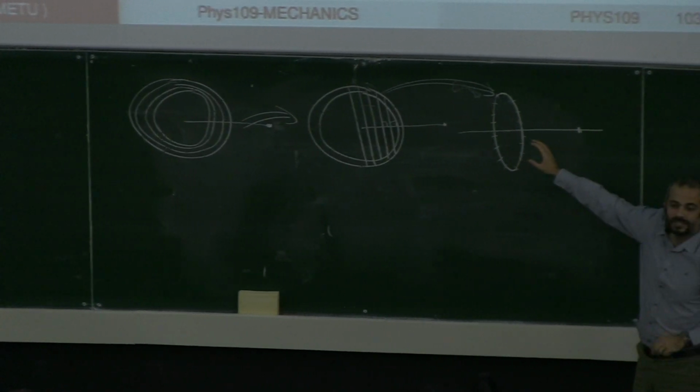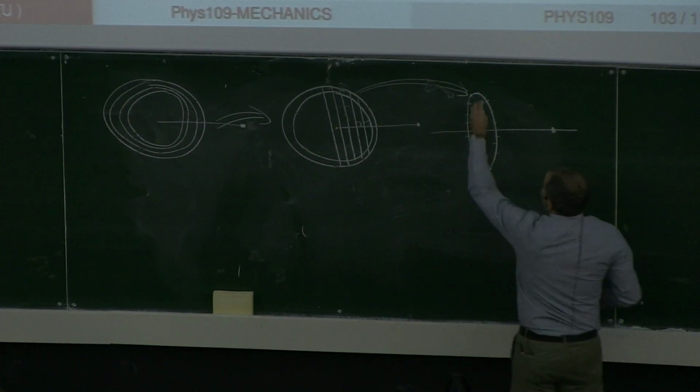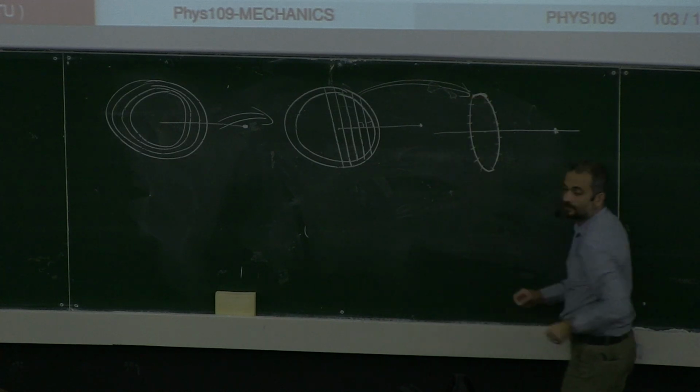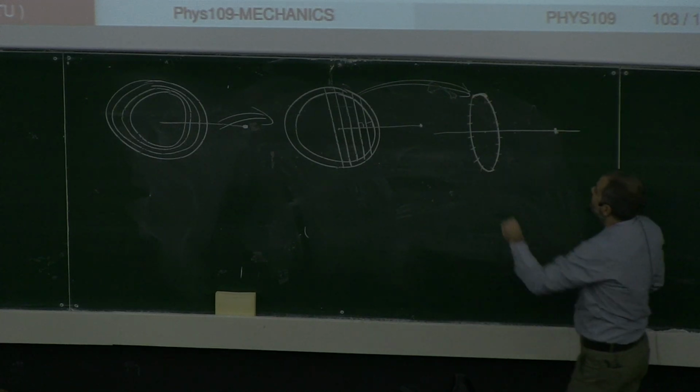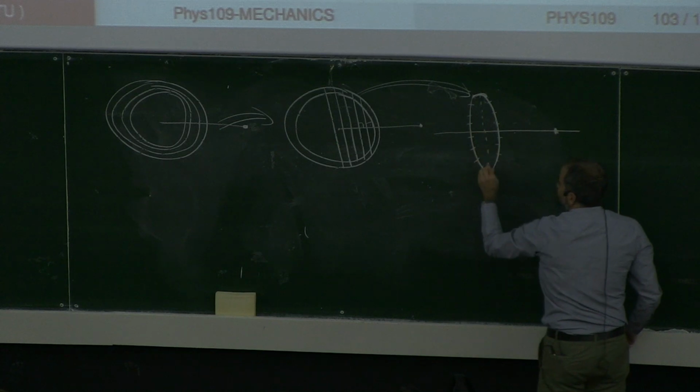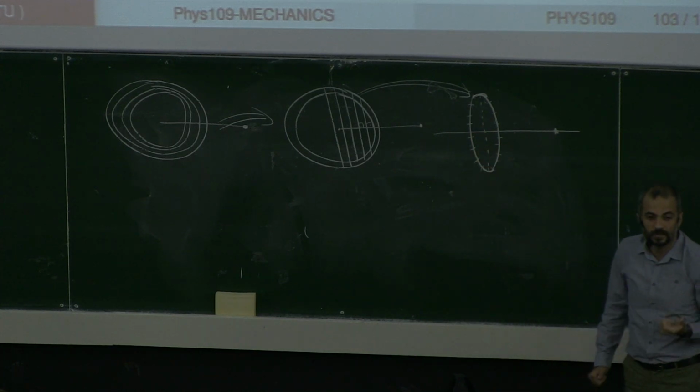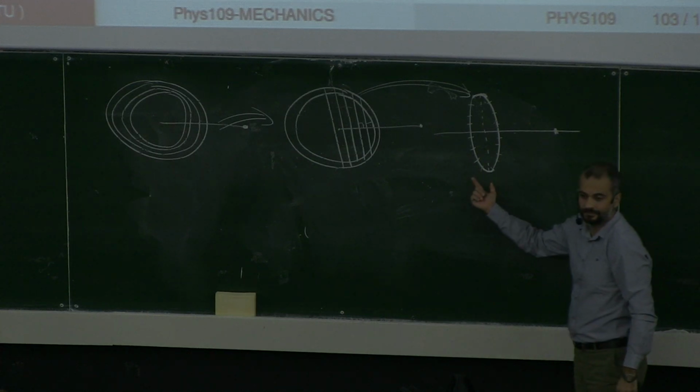Now, the system is quite symmetric in the sense that if I take this piece over here in one end, then in the diagonally opposite end, there is another very small piece that has the same mass.